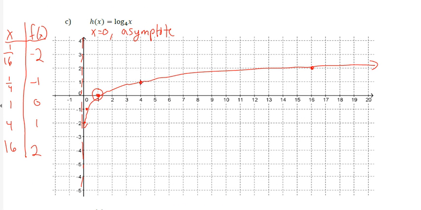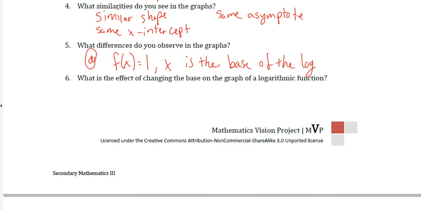Here at y equals 1, x was equal to 4, which is the base of our logarithm. And that comes back to our other identity that we found in 2-1, which just manifests itself in this case. What is the effect of changing the base on the graph of a logarithmic function?